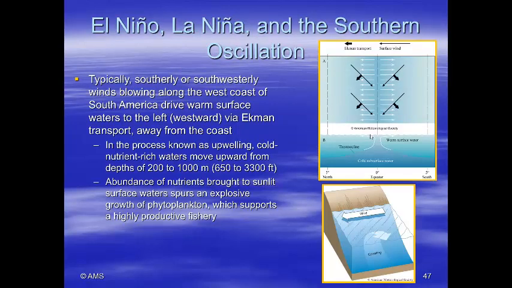So typically, southerly or southwesterly winds blowing along the west coast of South America drive the warm water to the west, to the left, westward via the Ekman transport and away from the coast.